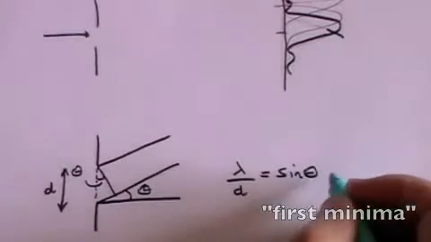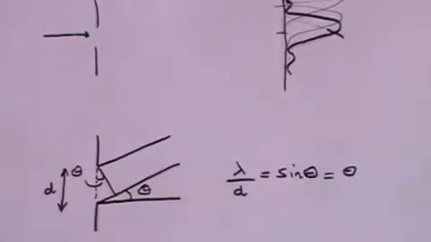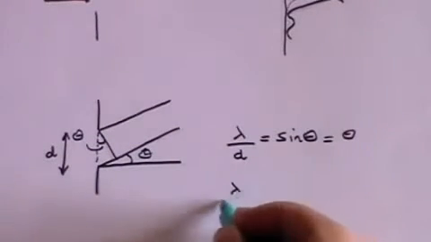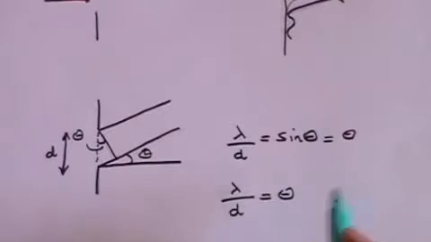And if that angle is small, and it usually is, then sine theta is equal to theta, where theta is in radians. And so we have the formula that lambda over d equals theta, and what that says is that lambda is the wavelength of the light, d is the size of the aperture, that is, for example, the width of the lens on the telescope, and theta is the angle that you need in order to resolve the two separate points of light.